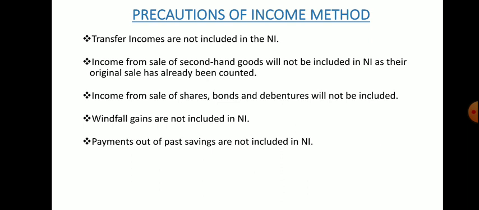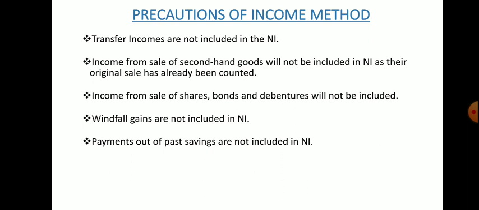This saving is not your income this year. Suppose last year your income was 5000 and you saved 1000 from that. That 1000 has already been included in last year's income, na? So you are actually using last year's income in this year.